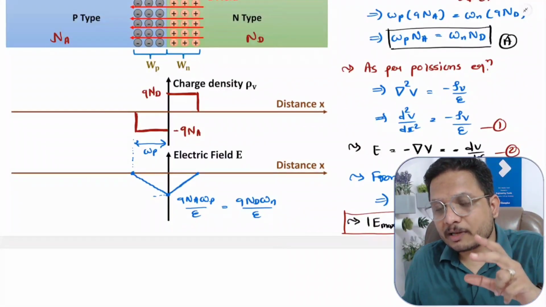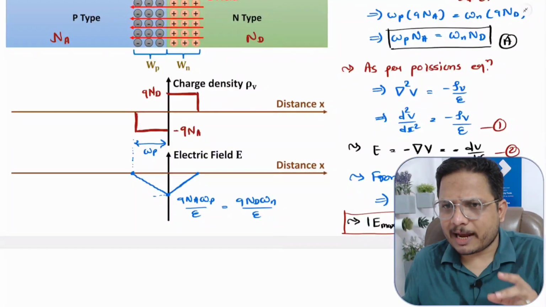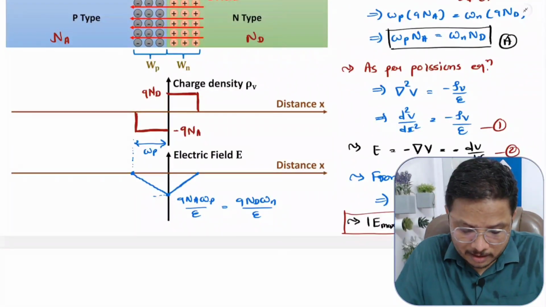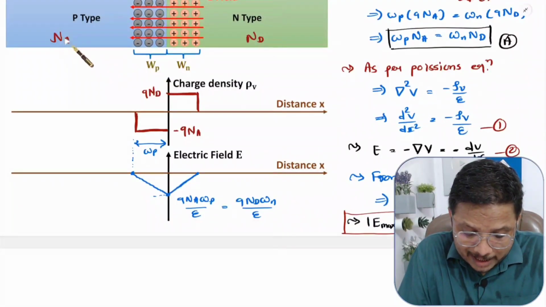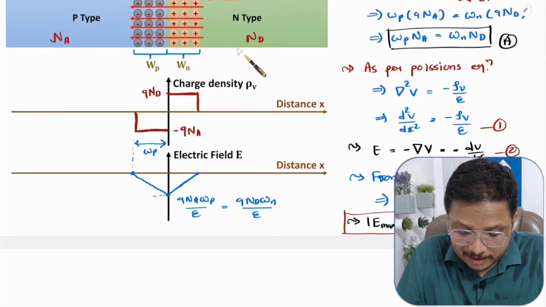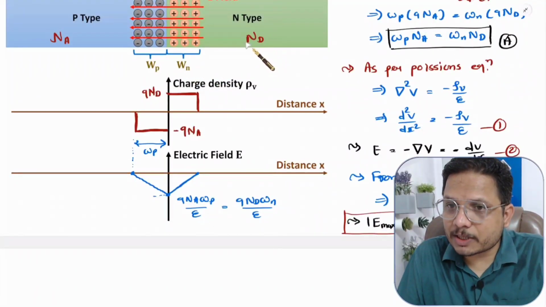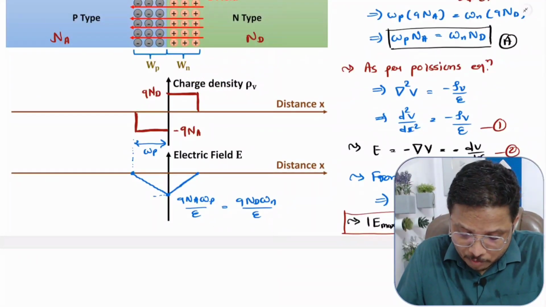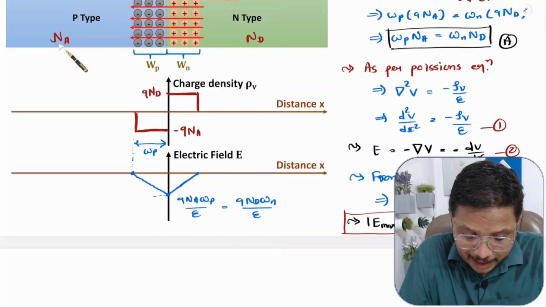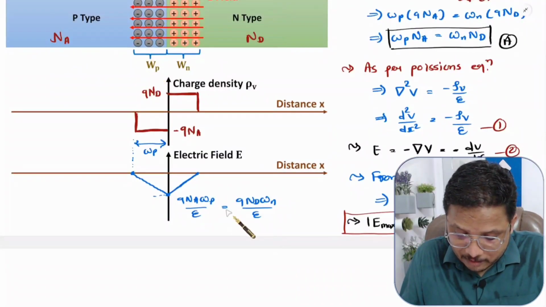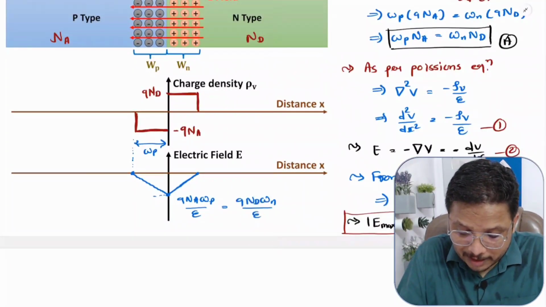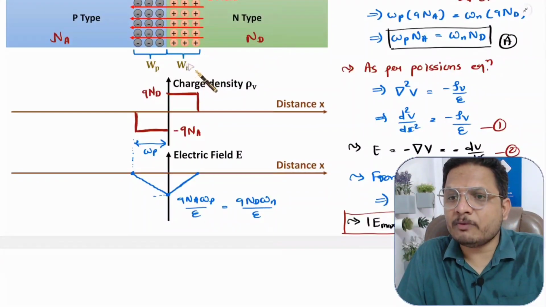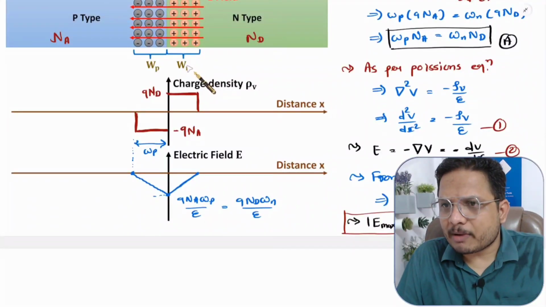So I request you to remember these equations, and it is quite simple. Wp into Na is equal to Wn into Nd. That is one equation. And the second is Q by epsilon into Na Wp, that is equal to Q by epsilon into Nd Wn. That is how you can simply remember this, right?